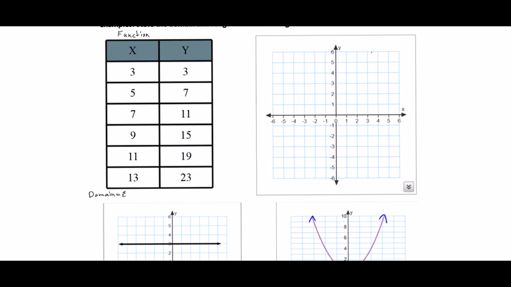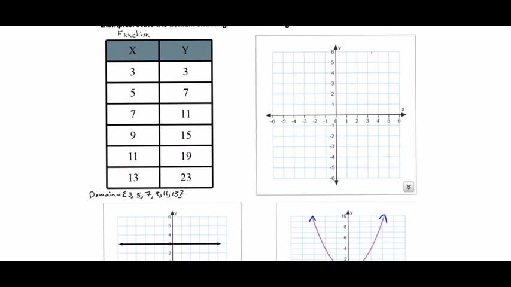You wouldn't have to write x such that and so on. Just write in all the numbers: 3, 5, 7, 9, 11, and 13. Because it's a series of points, the domain is just all the x values in our table.